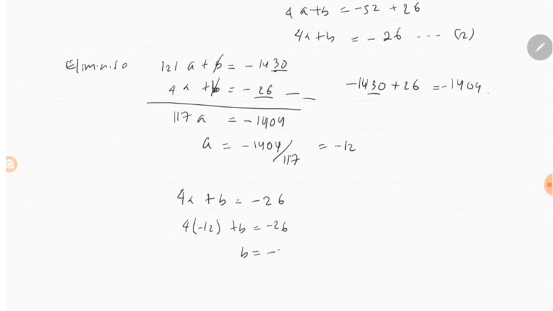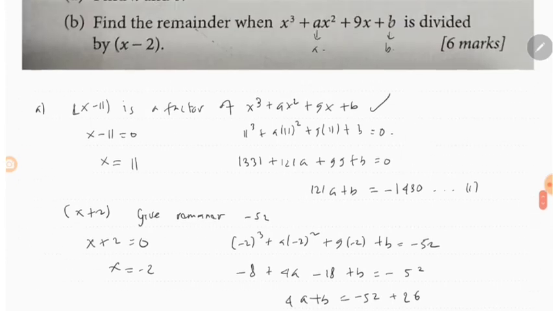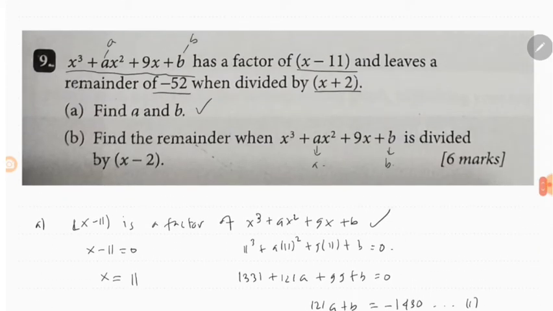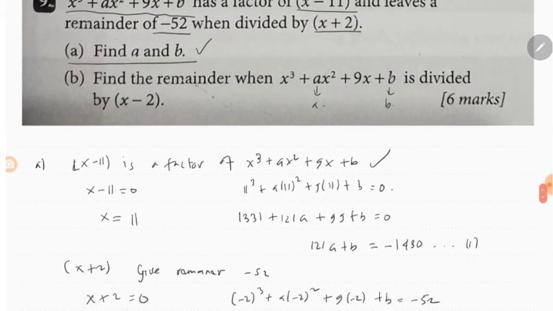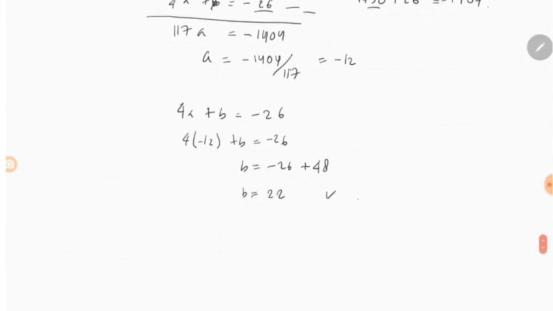So b equals negative 26 plus 48, so b equals 22. Boom. So our answer for the first question is a equals negative 12 and b equals 22. Okay, so that's for question A.